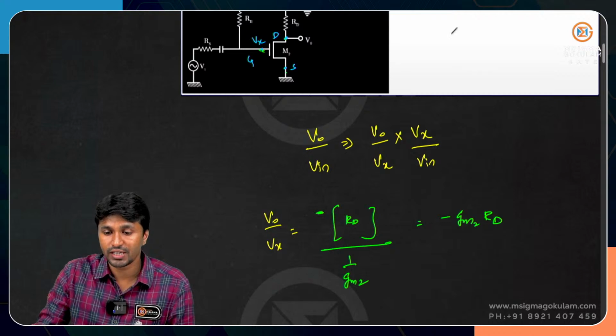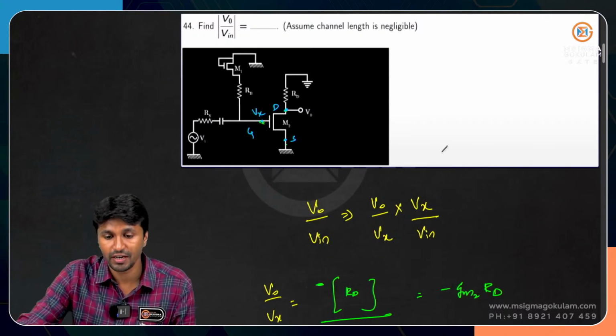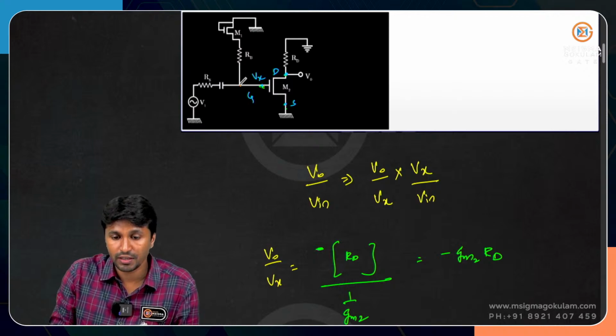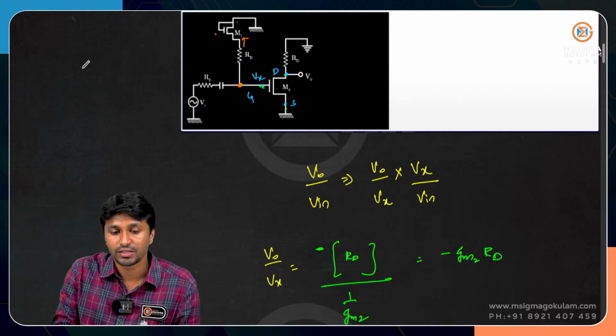Now what about the second term, Vx by Vin? To calculate Vx by Vin, look at this one: between the gate and ground you have RB, and here you have one more MOSFET where gate and drain are short circuited. So what is the effective impedance looking into the source of M1? This is nothing but 1 by Gm.